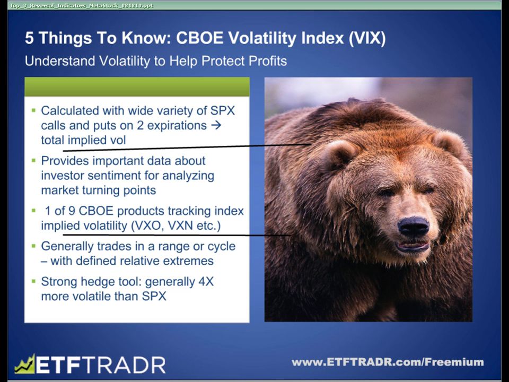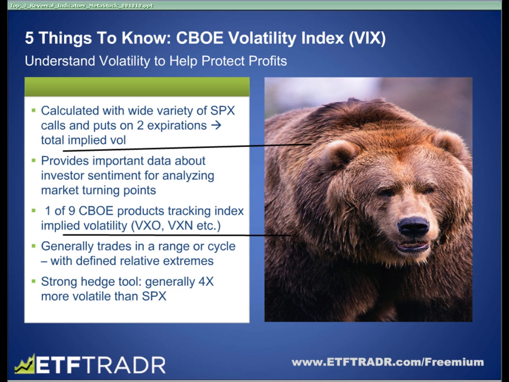So 9 total products that track implied volatility. Again, they're looking at the underlying index using the exact same algorithms or calculations that they use for the original VIX, or at least the current SPX VIX.